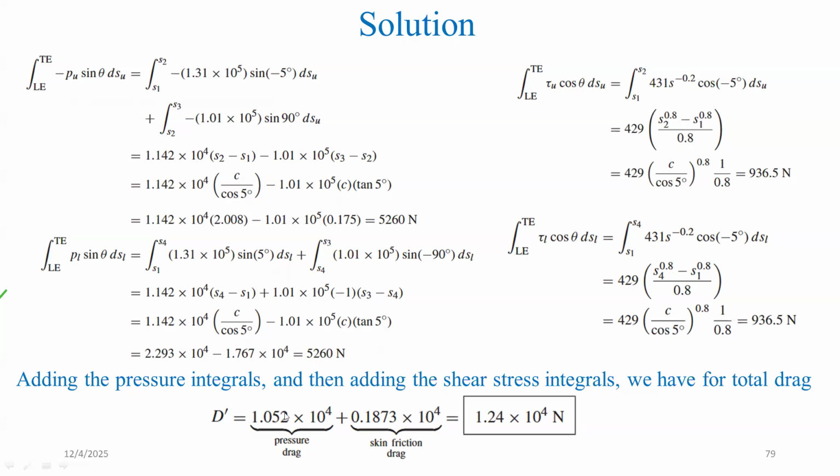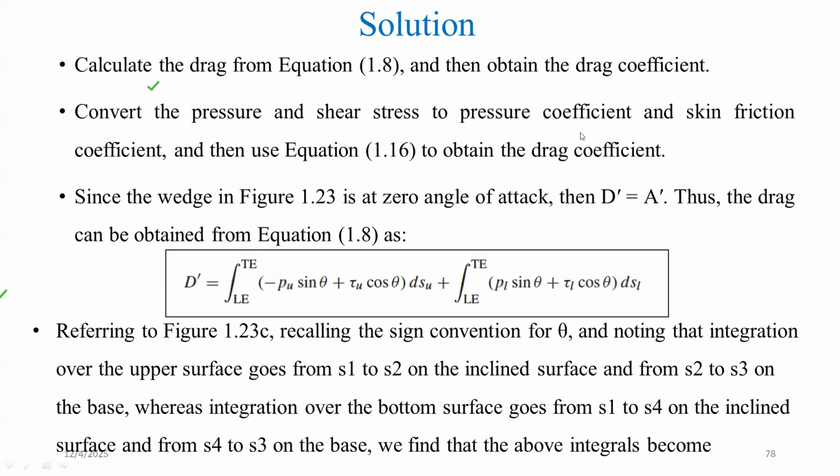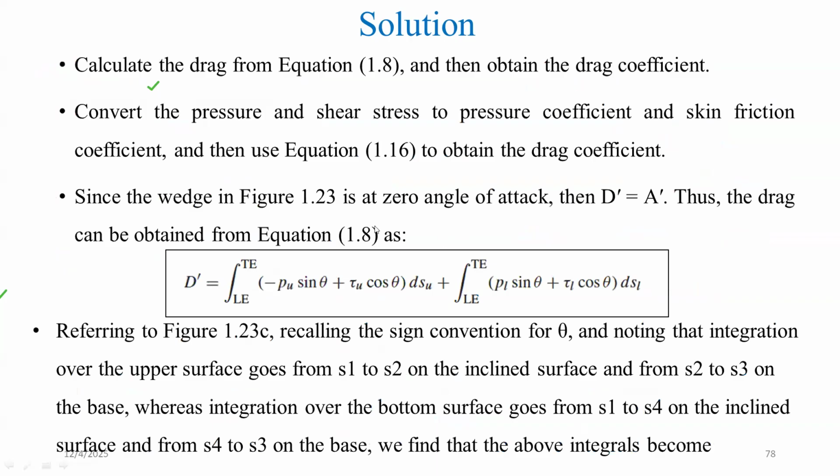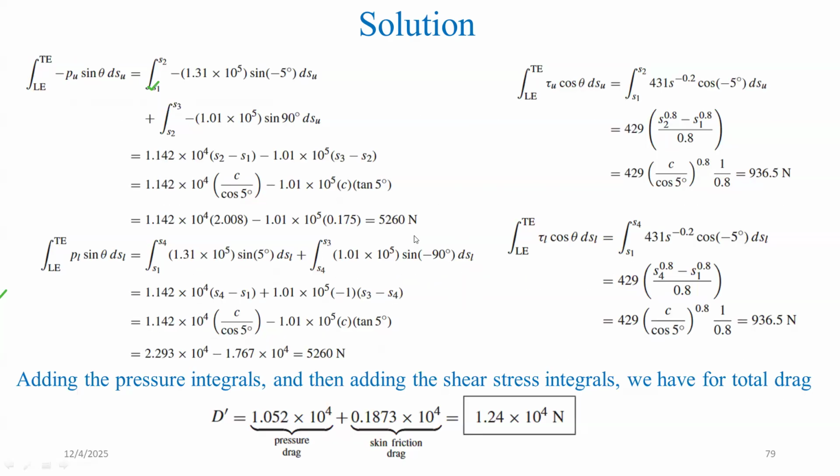So the total force is the sum of the two. This gives us what you call the pressure drag component. And for the shear force, using this diagram, what you can get is the shear force at the upper surface is 936.5 Newton and the lower surface 936.5 Newton.